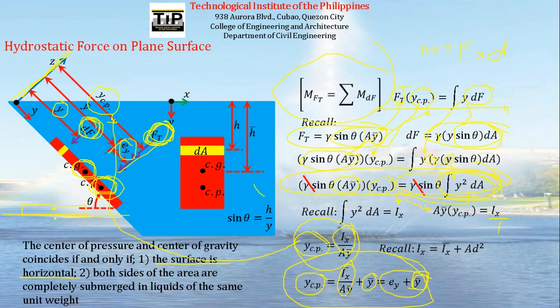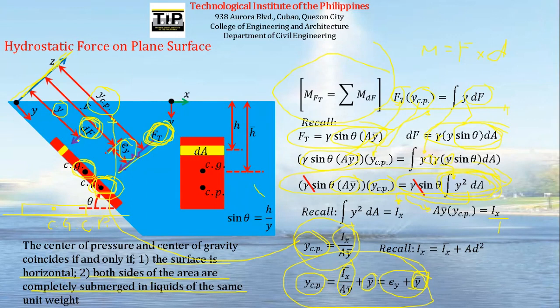Yung center of gravity natin is the same as center of pressure. Okay? So that's the first condition, no, para mag-equal silang dalawa. Kailangan din na yung both sides of the area are completely submerged in liquids.